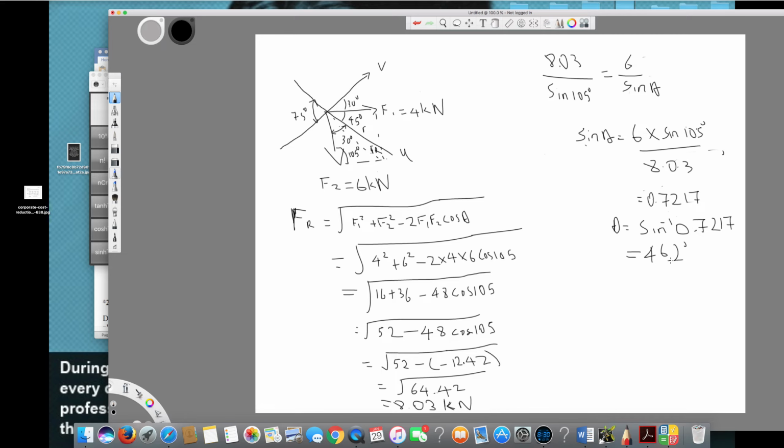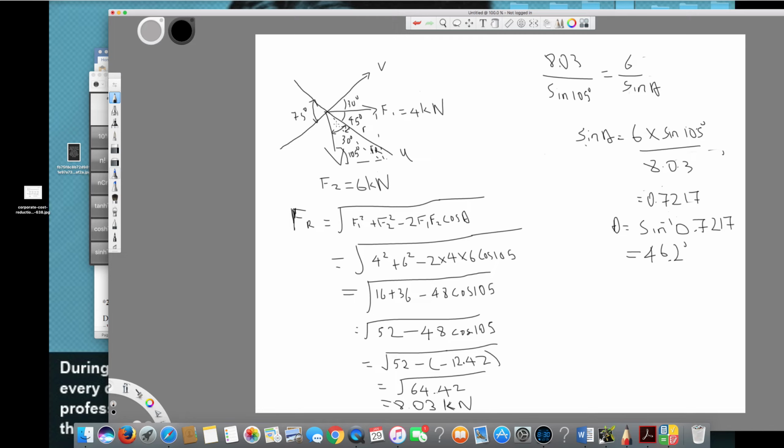46.2 degrees. But the question is asking for the angle from the U, clockwise from the U. So we have to calculate the angle only between the U and this line, so it's going to be the smaller angle.